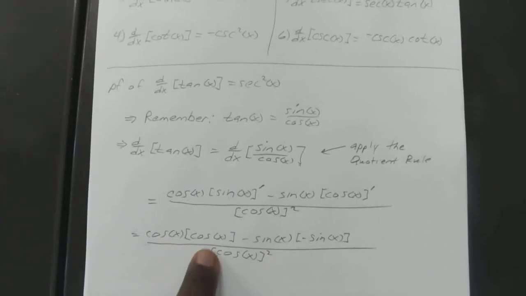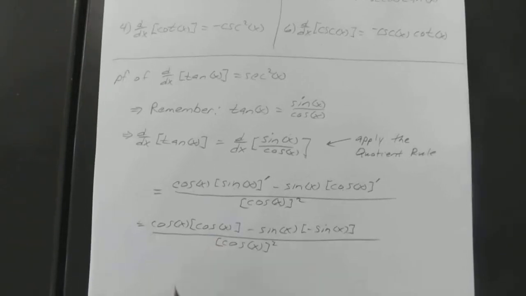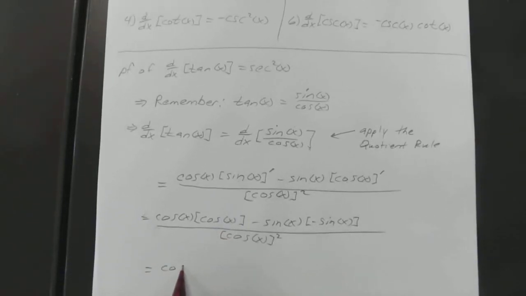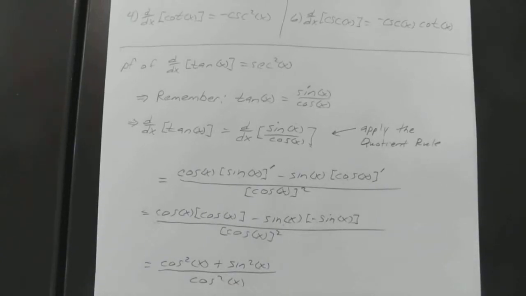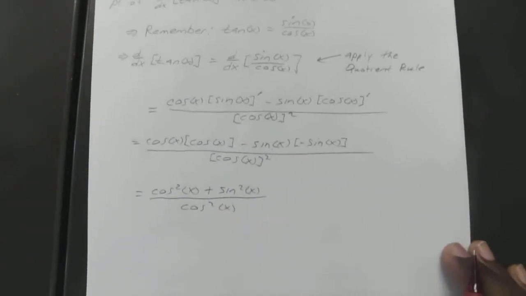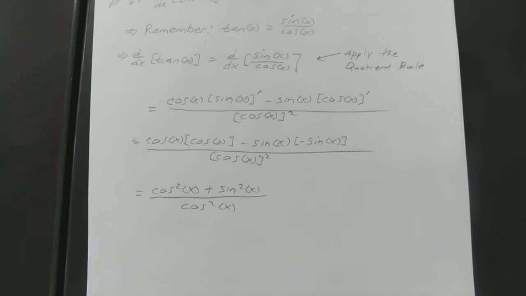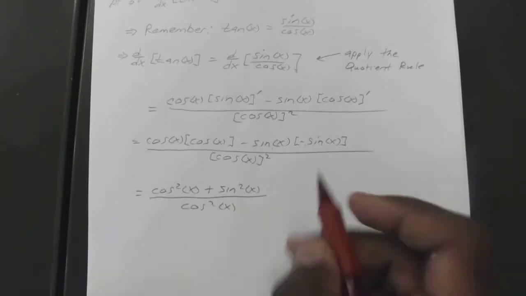Cosine times cosine is cosine squared. Sine times sine is sine squared. The two negatives become positive, all over cosine squared of x. Now, if you remember, cosine squared plus sine squared is equal to 1.